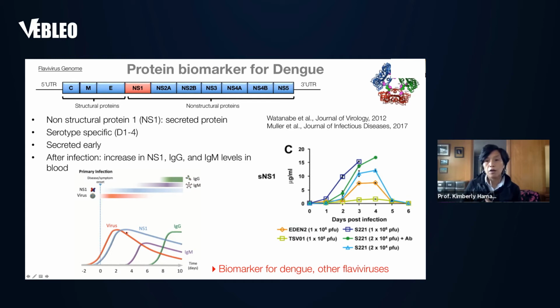And so this is also produced at very high concentrations, which other people have already characterized. So this makes it a really good candidate as a biomarker for infection. Note that it also kicks in before your immune response does. So it's a good way to determine early on if you've been infected with dengue or other flaviviruses.